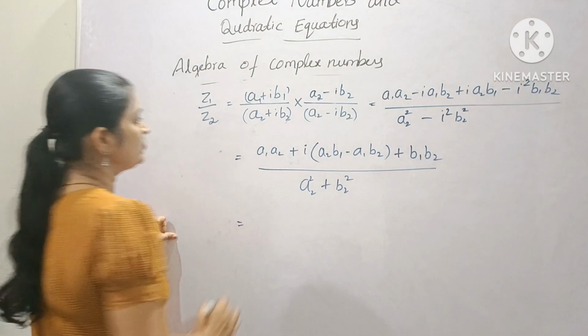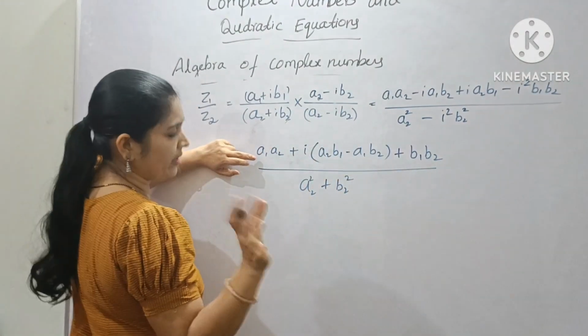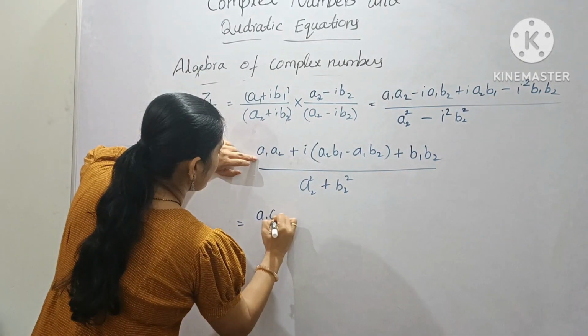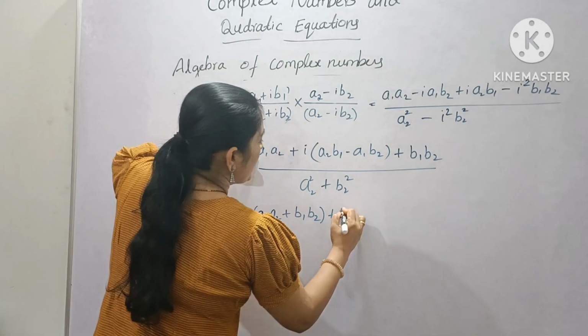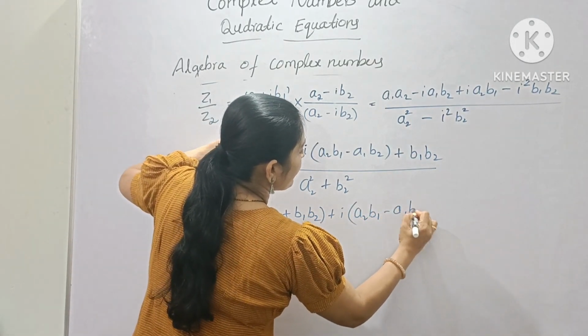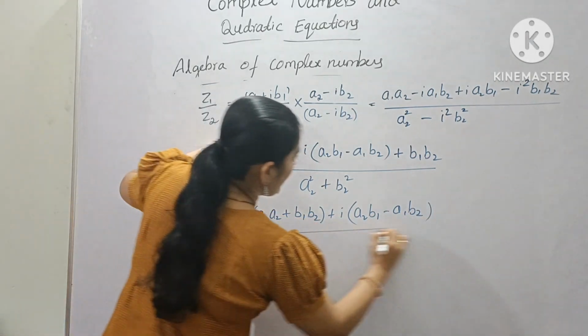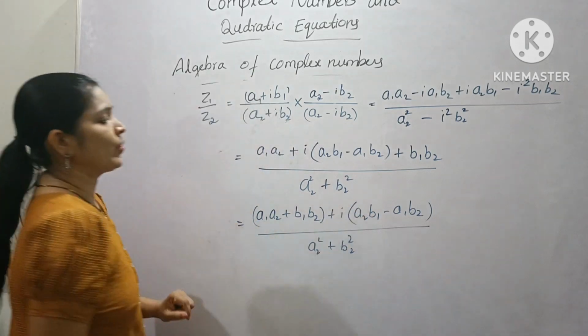Then next, let us write the real part together: (a1 a2 plus b1 b2) plus i into (a2 b1 minus a1 b2), divided by a2 square plus b2 square.